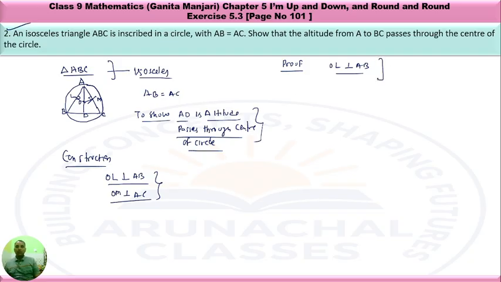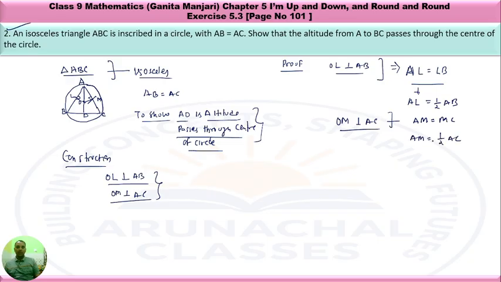So it implies that AL is equal to LB, and now I can write that AL is half times AB. Similarly, we have drawn OM perpendicular to AC, so it will be a perpendicular bisector. It means AM is equal to MC, so I can write AM is half times AC.